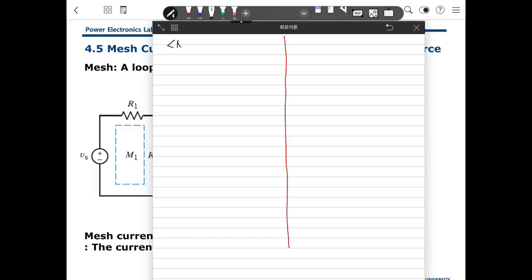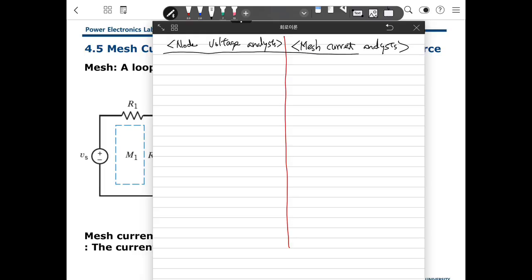First is node voltage analysis. The other technique is mesh current analysis. That's a kind of dual.